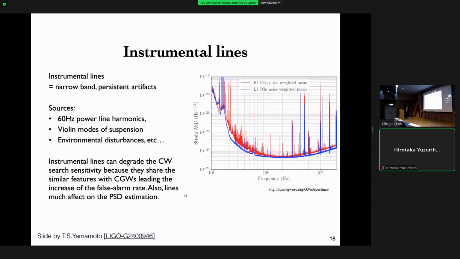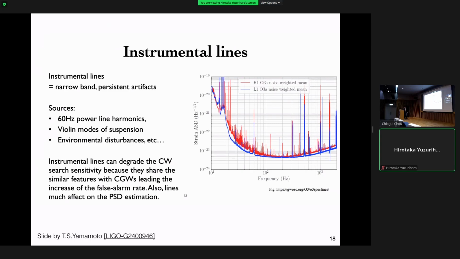So it affects long durations, always there. This slide was copied from Takahiro Yamamoto-san, who presented yesterday, and he listed several sources of line noise.